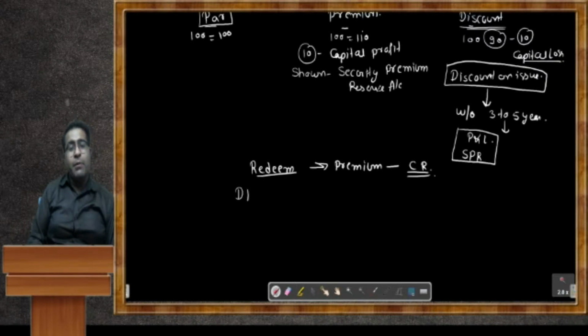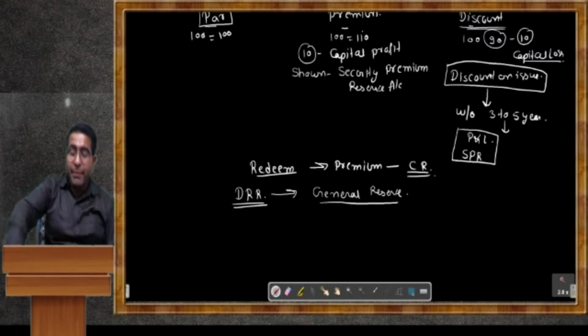When a DRR account, debenture redemption reserve account, is opened, the amount must be transferred to the general reserve. Okay, these are the basics.